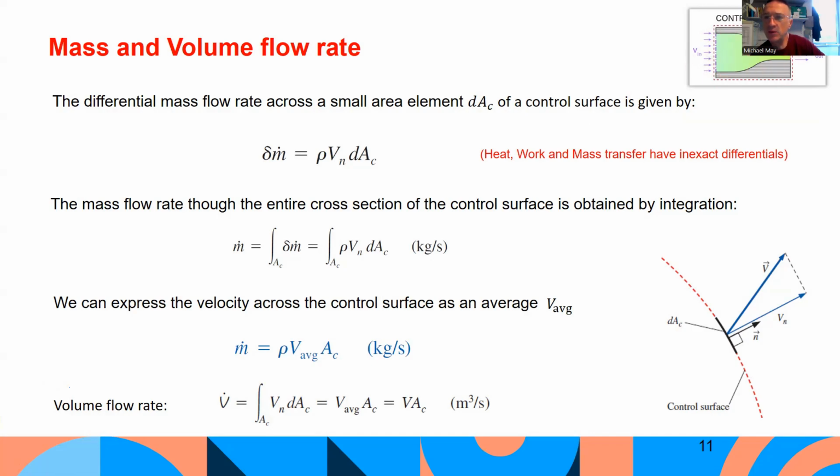An open system is referred to as a control volume. These are our controlled surfaces around here.